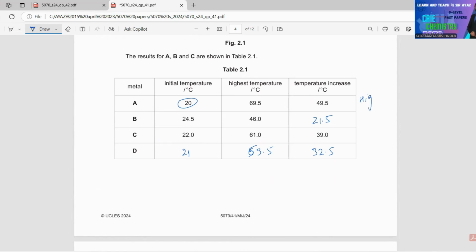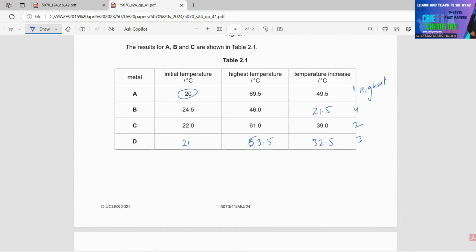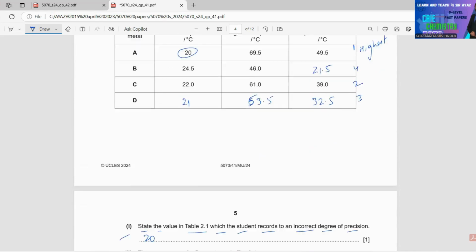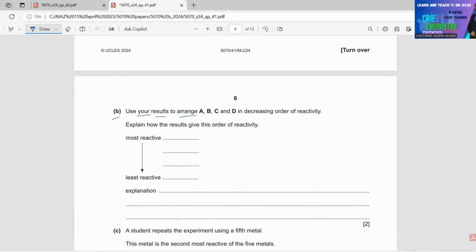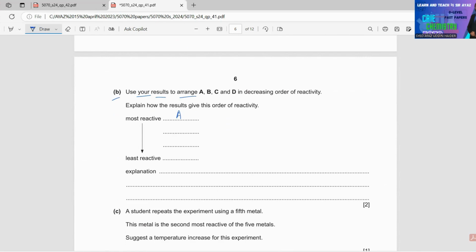Highest is A, so I will write number 1 here. Second must be C. And third is D because it has 32.5. Fourth must be B. So it must be A, C, D, B, highest to lowest. A has the highest temperature change, then C, D, B. Now the explanation.